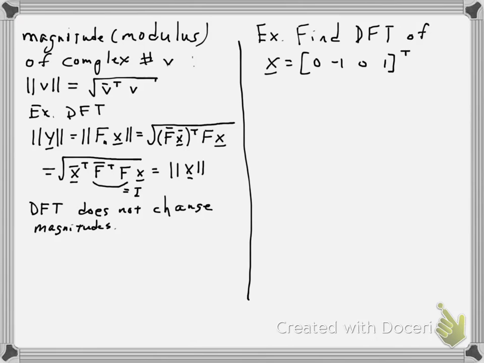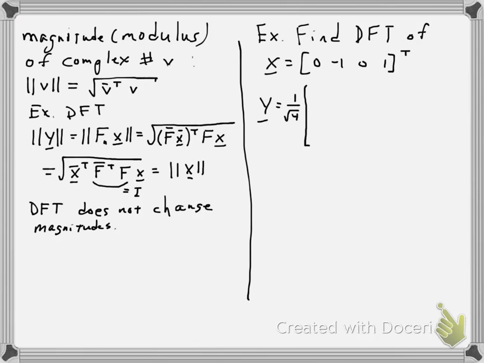So this is a vector with 4 entries, and so our Fourier matrix is a 4x4 matrix, and so our product y is equal to 1 over the square root of n, which of course is 1 over the square root of 4, and times the matrix.